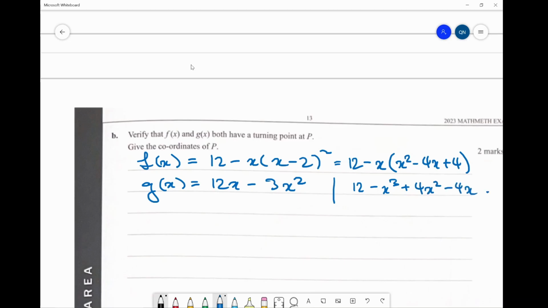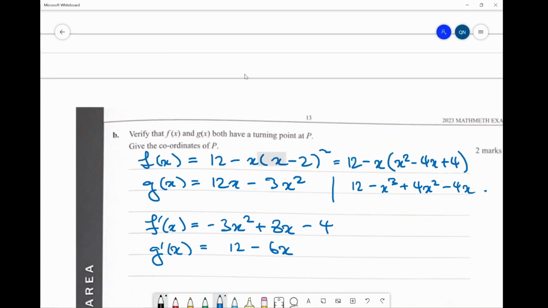Okay, so that's our function f. So let's calculate f prime of x. f prime of x is going to be, 12 disappears, so we're left with negative 3x squared plus 8x, and then minus 4. Okay, and let's calculate g prime of x as well. g prime of x is nice and simple, just 12 minus 6x it seems like.